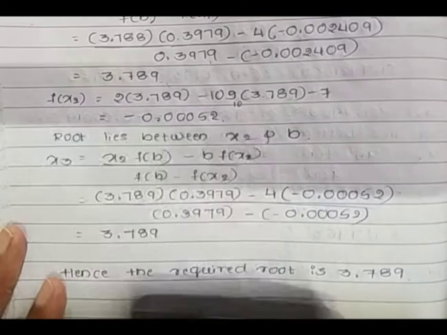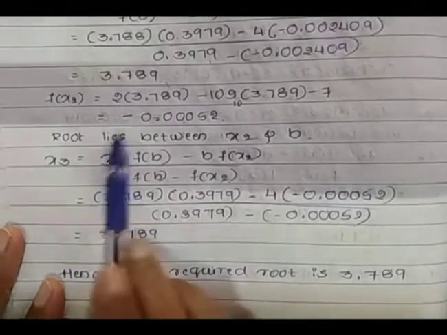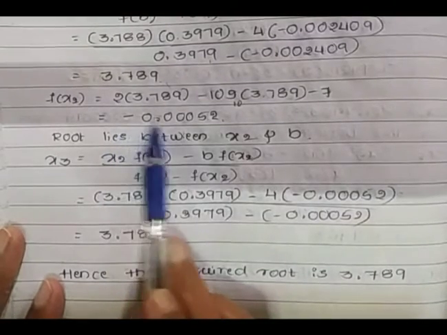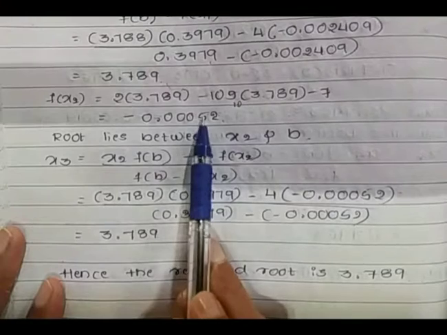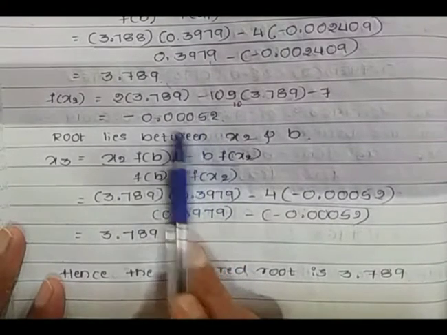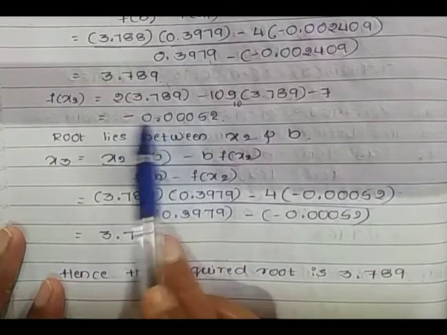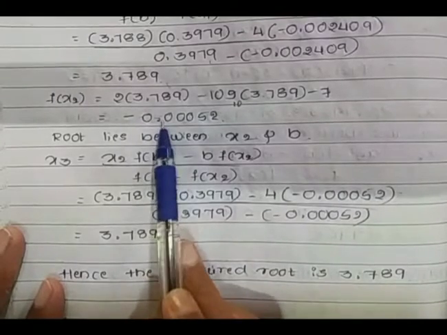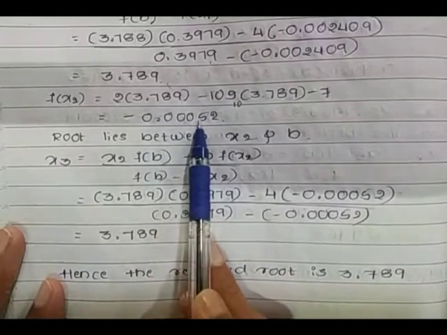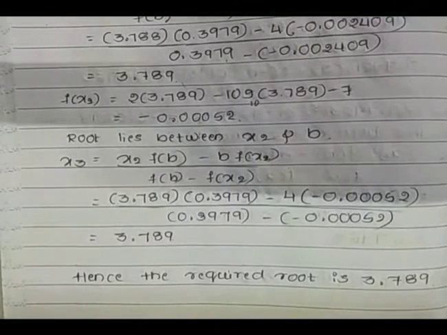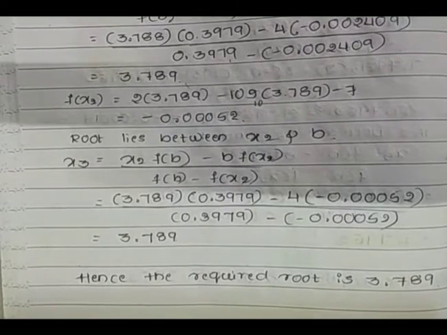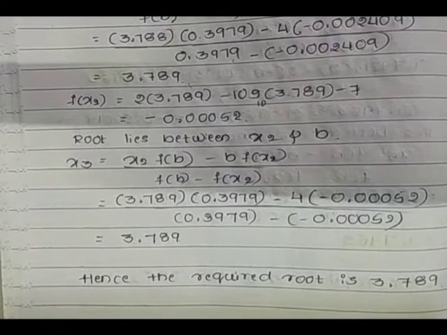Now we have 10 raised to minus 4, so we can write it as minus 0.0005. In the calculator it is 5 point, so here 10 raised to minus 4, therefore we have to consider minus of 0.0052. If you didn't understand this one, then directly you can use 5.2 into 10 raised to minus 4.